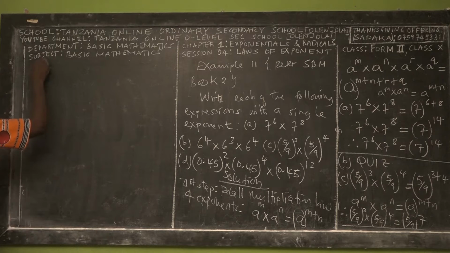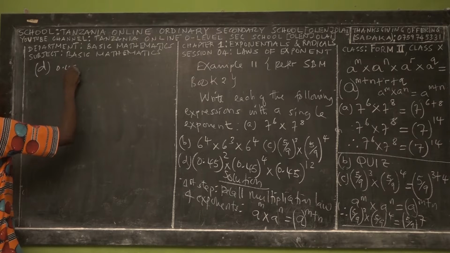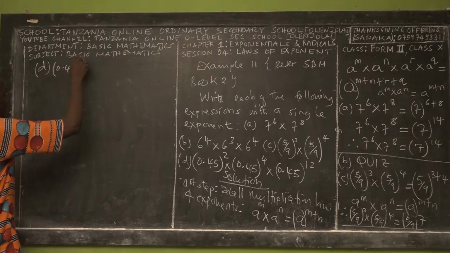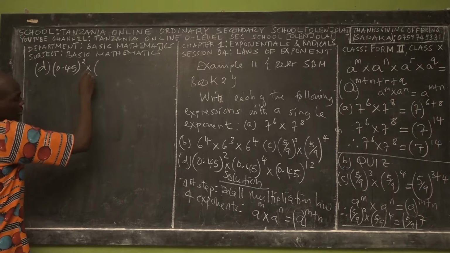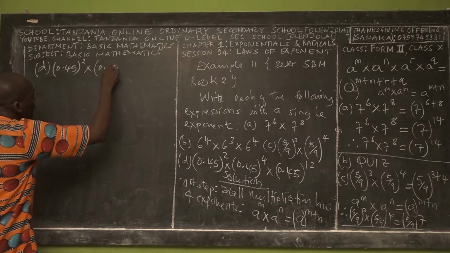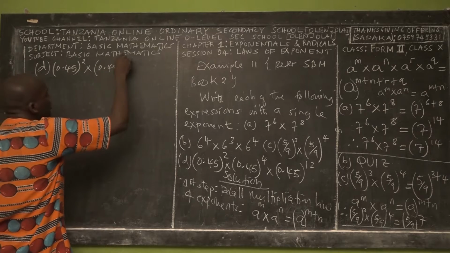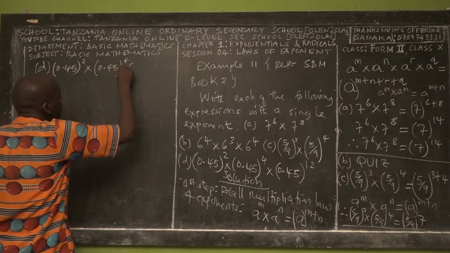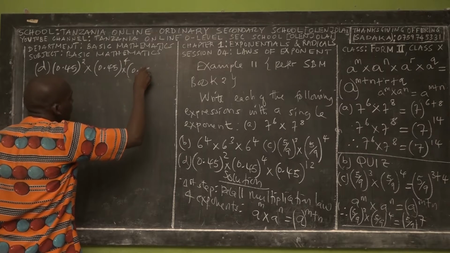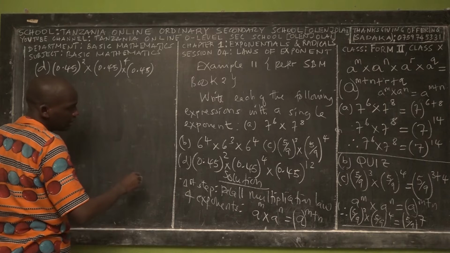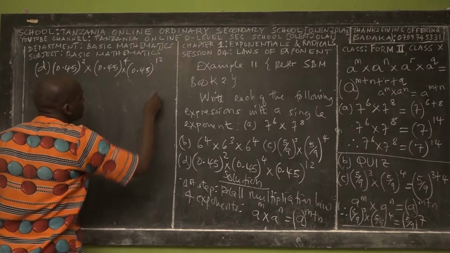So now we have a decimal base, right? We have 0.45 power 2 multiplied by 0.45 power 4 multiplied by 0.45 power 12.